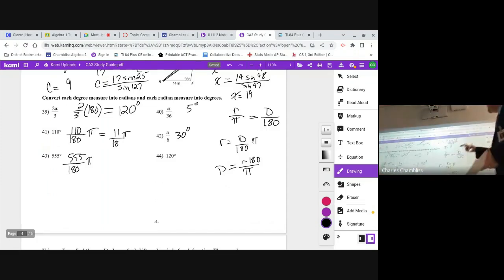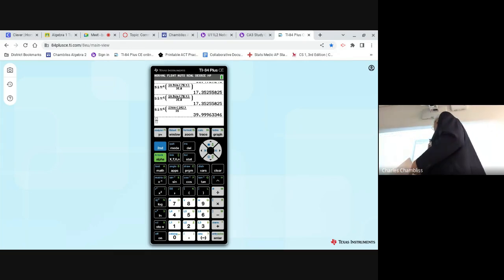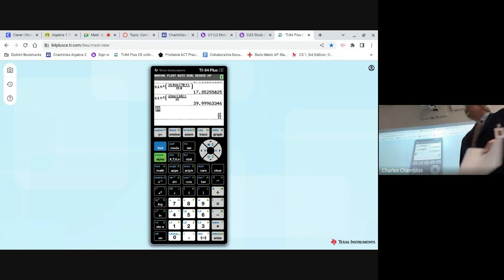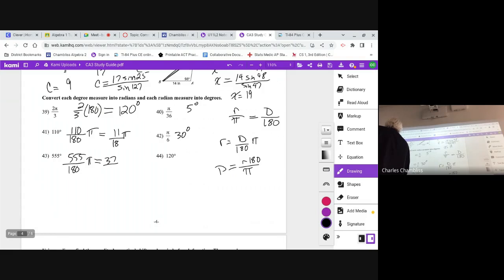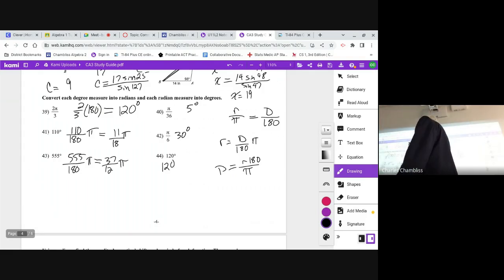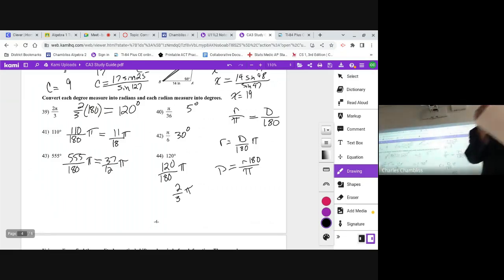Again, you can use the calculator. I'll do that one for this one. 555 over 180 simplifies to 37 over 12, and then I just write pi next to it. And the last one, 120 over 180. That's 2/3, or 2 pi over 3, same thing.